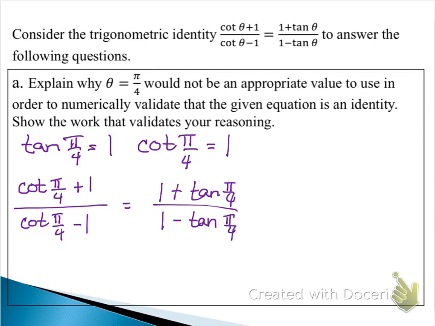Well, we said that cotangent pi over 4 is 1, so it would be 1 plus 1 over 1 minus 1, which is 2 over 0, which is the same here, 2 over 0. Even though they show that they are equivalent, you cannot have a 0 in the denominator. This is undefined. And so that's showing our reasoning as to why we cannot use theta equal to pi over 4.